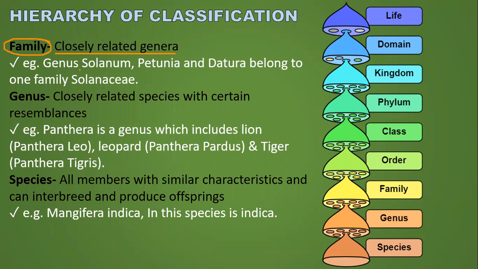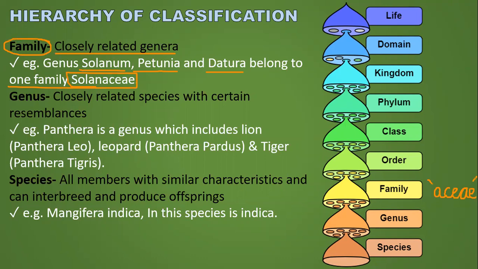For example, the genera Solanum, Petunia, and Datura all belong to one family, which is Solanaceae. So guys, it's very important to note that in case of plants, you have to identify the name of the family, which ends with A, C, E, A, E. What is it?